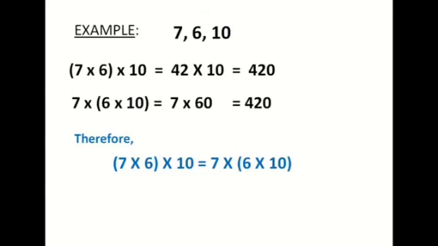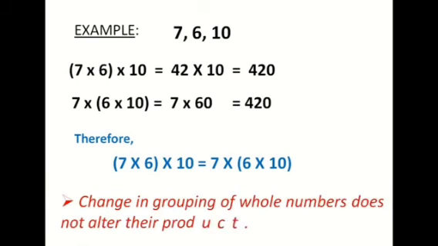So what can we conclude from here? We can conclude that change in grouping of whole numbers doesn't alter their product. I am repeating one more time. Change in grouping of whole numbers doesn't alter their product.